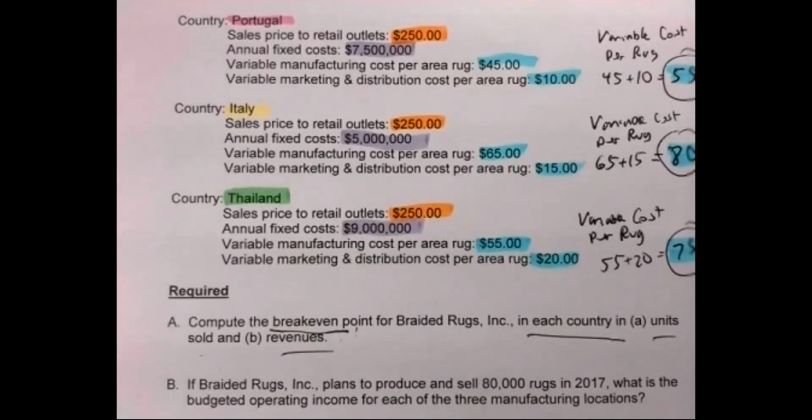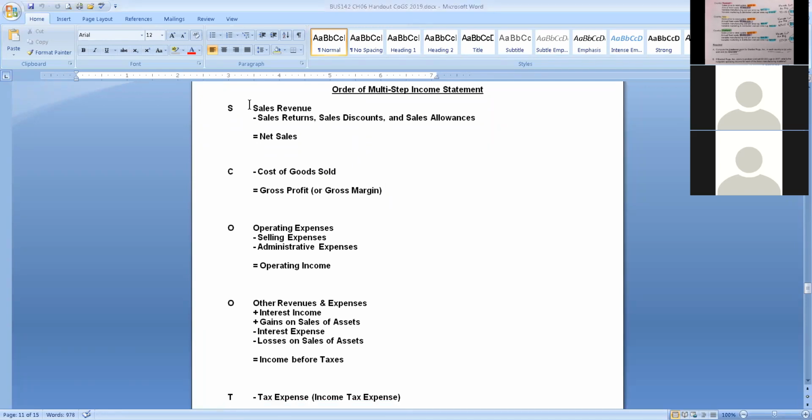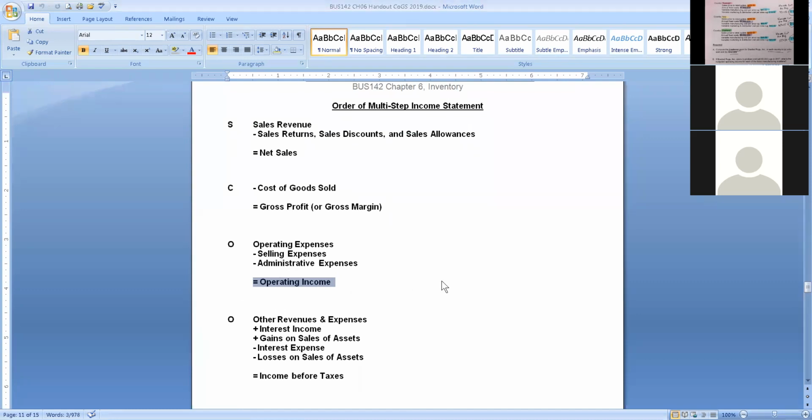Oh, here it is. So this is what a multi-step income statement would look like for financial accounting. And you guys are kind of familiar with this: sales, cost of goods sold. Underneath operating expenses, there's an operating income that is shown under operating expenses before other revenues and before taxes. This is not the same income.